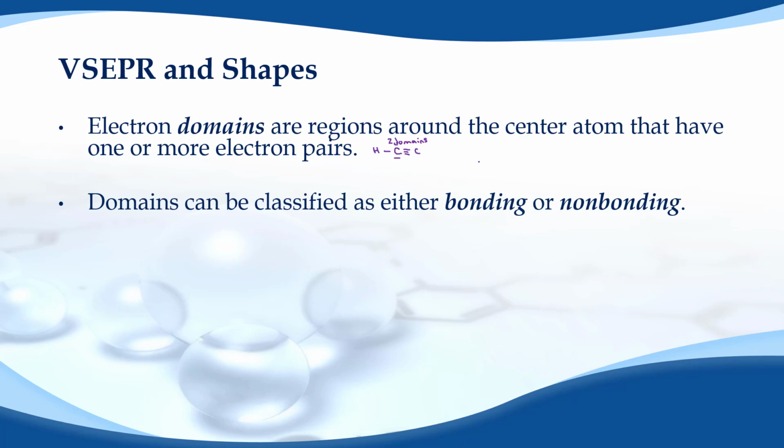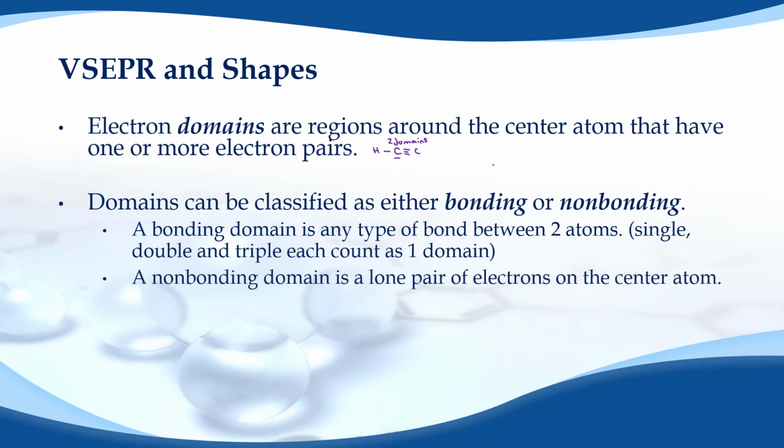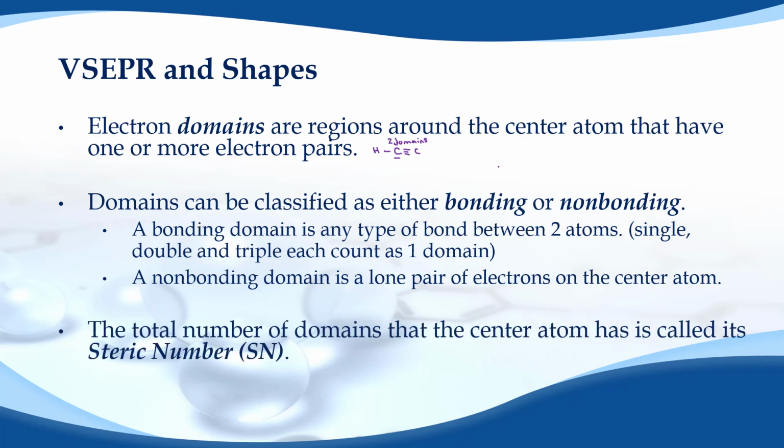Now, we can classify a domain based on the type of electrons we have there. If those electrons are involved in a bond, whether it's a single, double, or triple bond, that is a bonding domain. If that domain is there because it's a lone pair, that's what's called a non-bonding domain. And when you add up the total of the bonding and non-bonding domains, you get what's called the steric number, which is abbreviated SN.